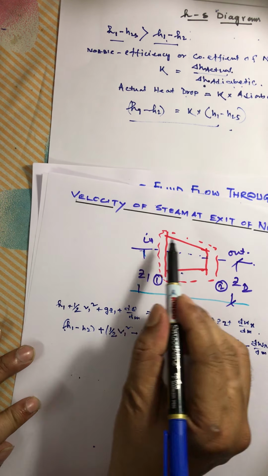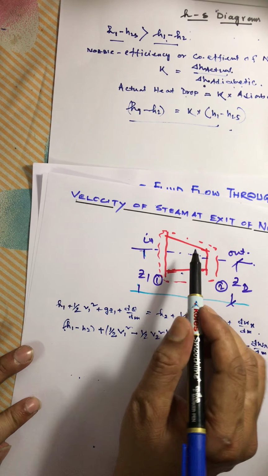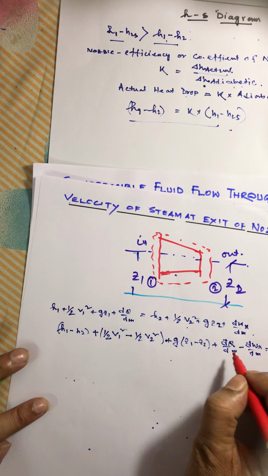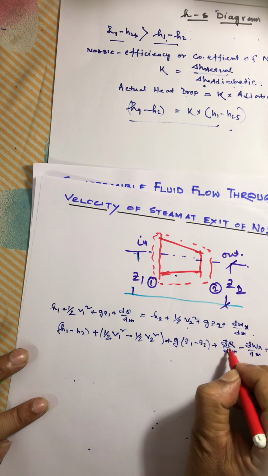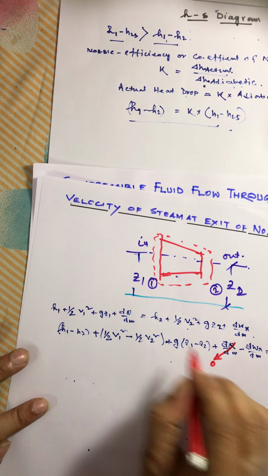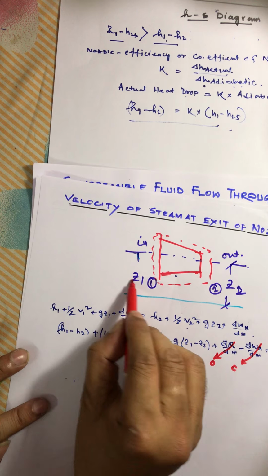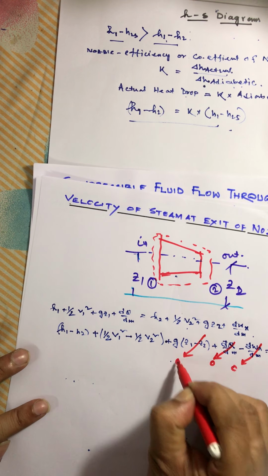Now, if the system is adiabatic, that means isentropic flow, this dq by dm is 0. There is no shaft work, so this part becomes 0. Z1 is equal to Z2, this part becomes 0.